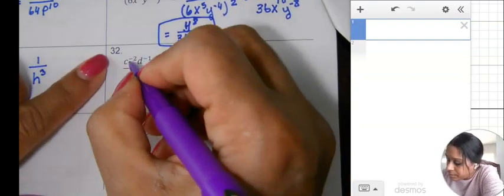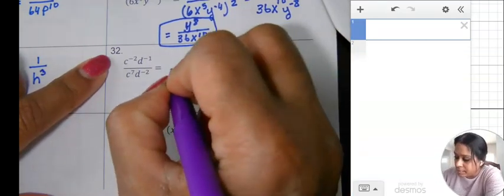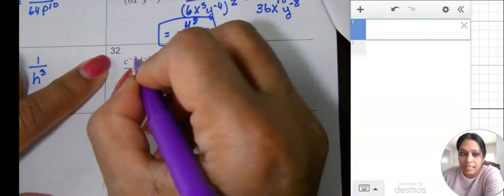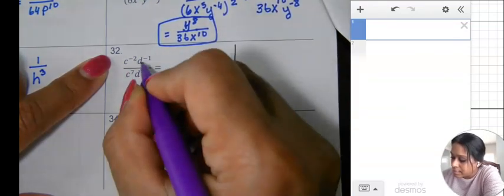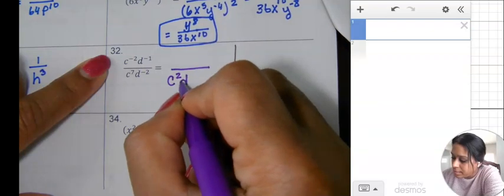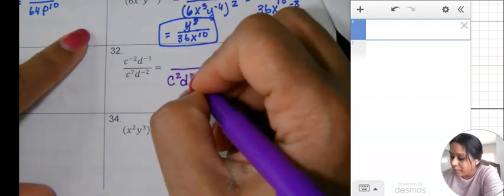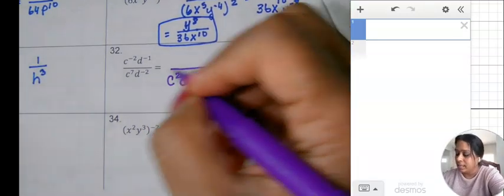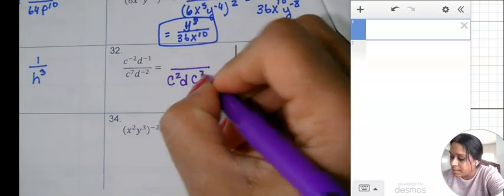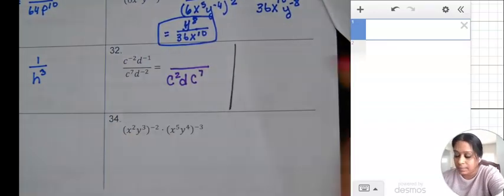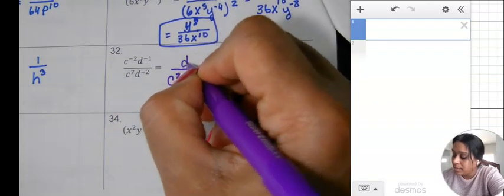I'm going to make all my negatives positive by switching them around. So the c to the second goes in the denominator, d to the first goes in the denominator, d to the negative first goes in the denominator. I don't have to write the positive one, right? c to the 7 stays in the denominator because it has a positive exponent, and then d to the negative 2 goes in the numerator.